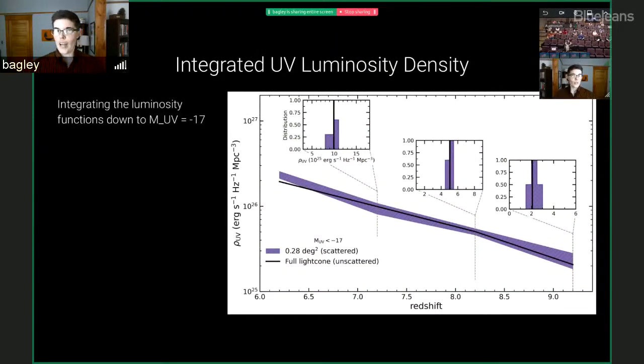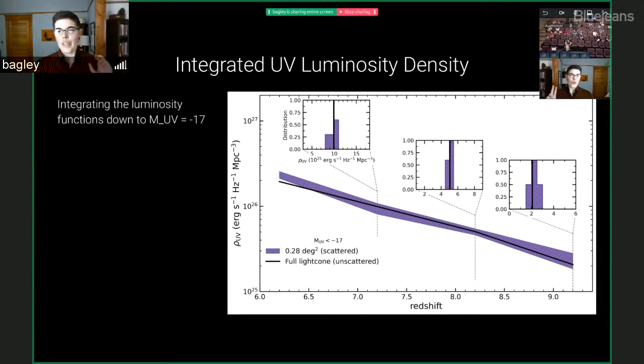So we can take those luminosity functions and integrate them down to some limit. I've chosen -17 here, and see what we get for the integrated non-ionizing UV luminosity density. And that's what's shown here. The solid black line is again the value measured from the full unscattered light cone, and the purple hashed region shows what we're measuring from photometrically scattered, observed, and selected galaxies through our high redshift selection process in a single Roman pointing.